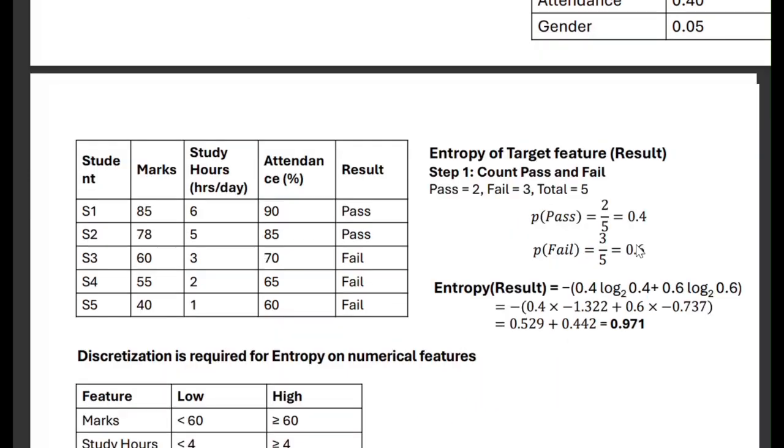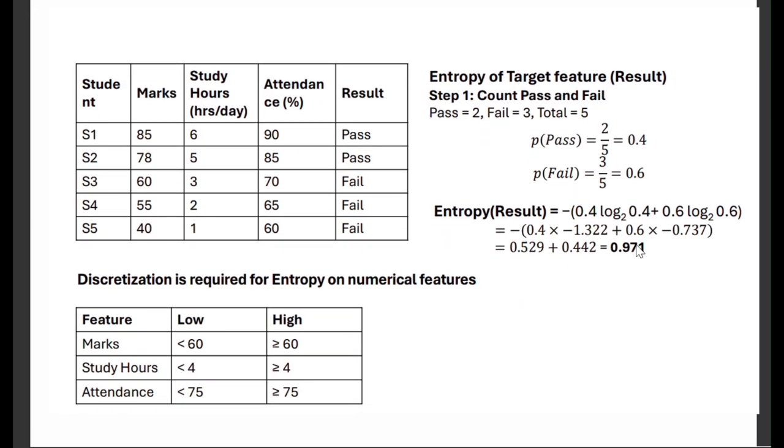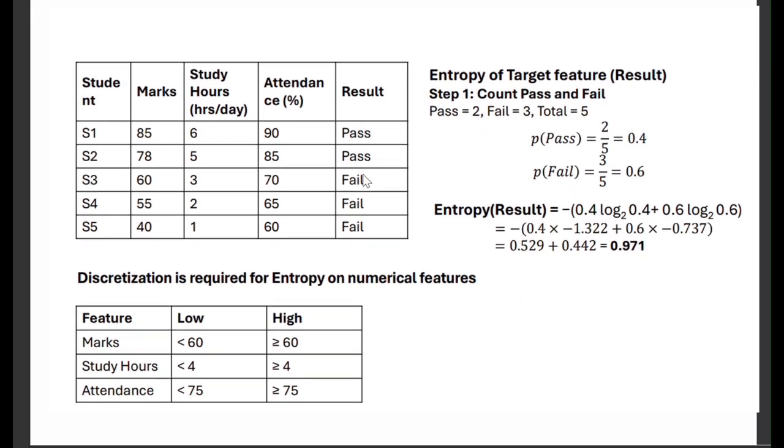And this is the example problem. In this table, as we can see, the number of passing students is 2 and the number of failing students is 3. So the total number of passing and failing students is 5. Now the probability of passing students is 2 by 5 and the probability of failing students is 3 by 5.